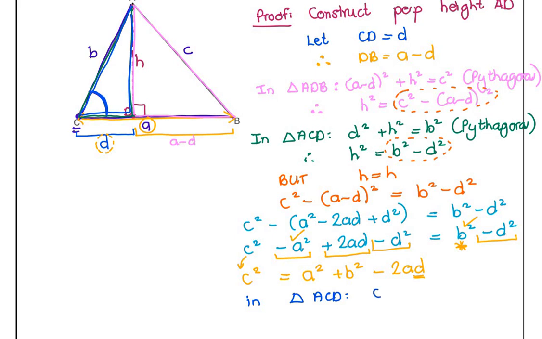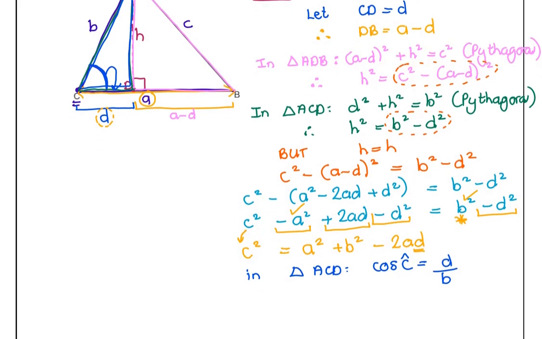If I was going to look at what the cos of angle C is, cos by definition is adjacent, which is d, over hypotenuse, which is b. So can I now isolate d? If I multiply by b on both sides, I get b cos C, and that gives me d by itself. Now that's perfect, because this d in my formula I want to disappear.